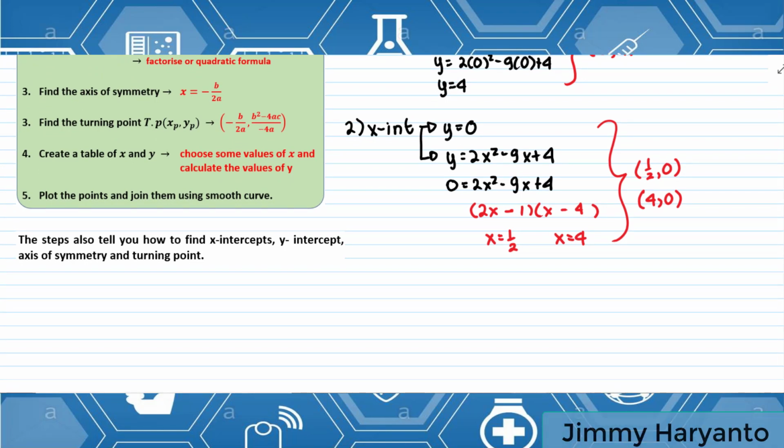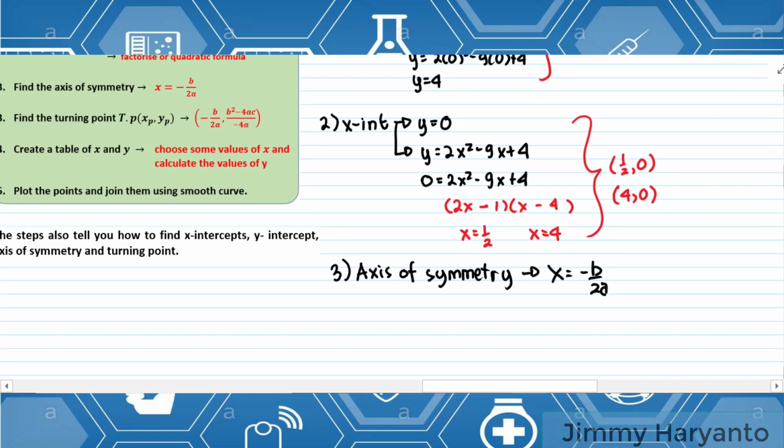And then the third step will be the axis of symmetry. The formula is x equals negative b over 2a. So we have to prepare a, b, and c. The question is y equals 2x squared minus 9x plus 4. This one is a, this one is b, and this one is c.